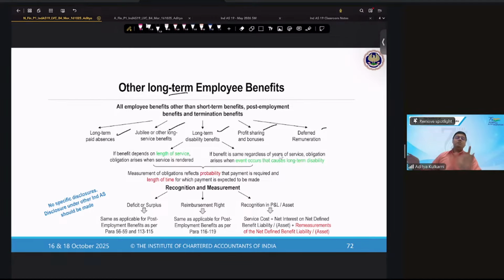They would go on accumulating leaves, and they are supposed to retire on, say, X date. They would have a leave balance of 6 months. So 6 months before, they would go on leave.